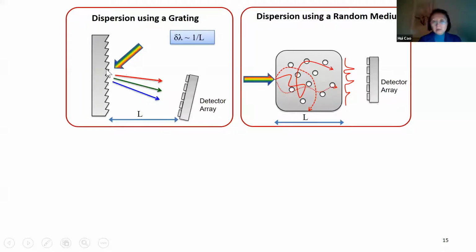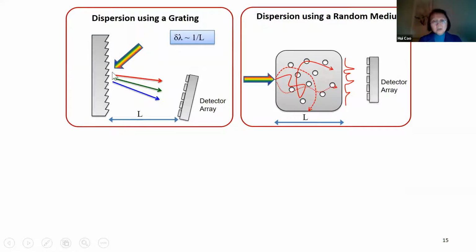So how can we make it better? To make it better, we replace the grating by a distorted medium. Because now you can see what happens. When the light goes through this distorted medium, it will go through multiple scattering. So you can see that they go through this zigzag path.